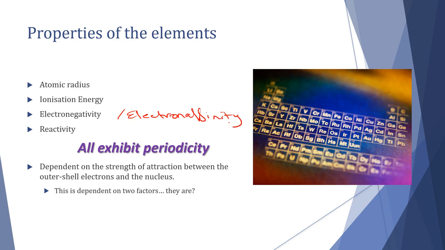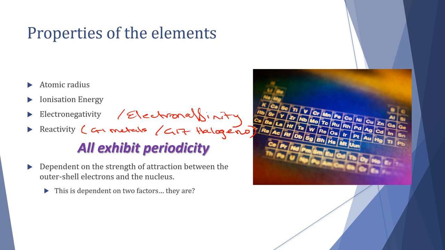Okay, electron affinity and reactivity, both of our group 1 metals, which we need to know, and our group 17 halogens in particular are very important for us to discuss.